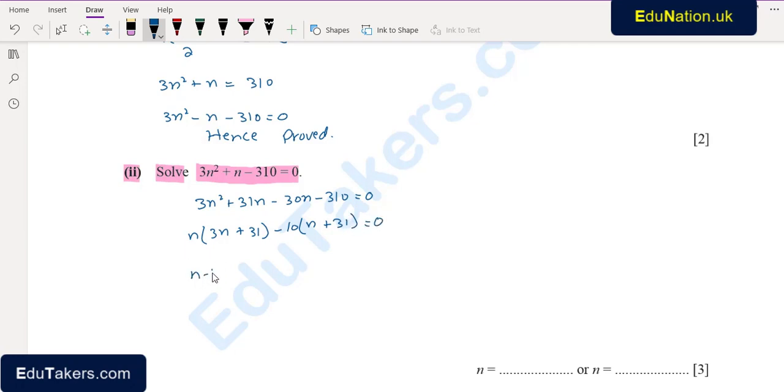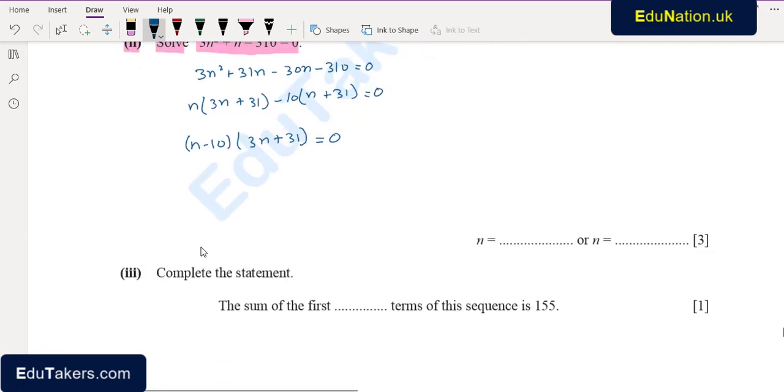Now (n minus 10) into (3n plus 31). Now n minus 10 equals 0 or 3n plus 31 equals 0. n is equal to 10, or n is equal to minus 31 over 3.